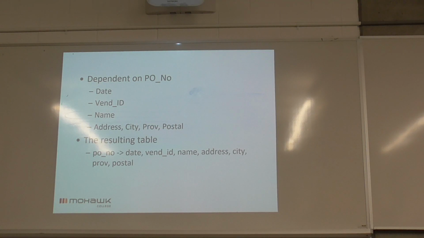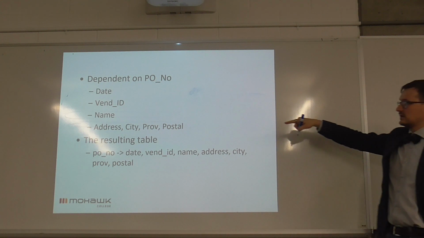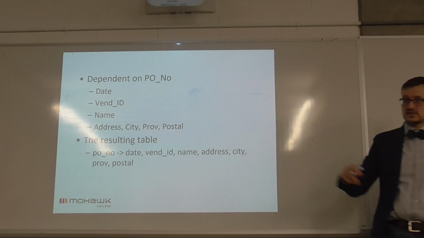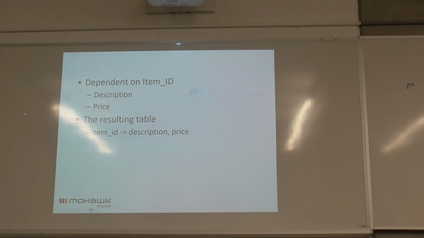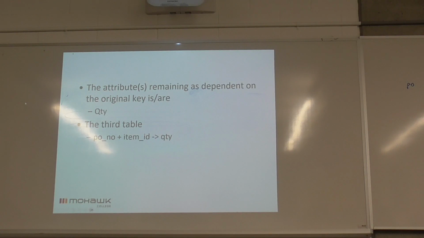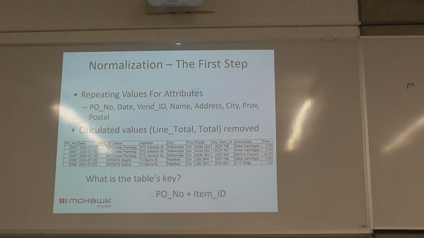So, our resulting table, after second normal form, we have a product order number, the date, the vendor, the item vended, name, address, city, province, postal code. The item ID is the primary key. We then get description and price. The attribute remaining as dependent on the original key is quantity.